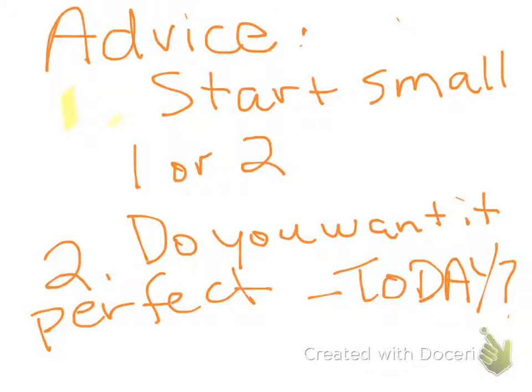You could redo videos multiple times to make them perfect, but then you would never get done the things you need to get done. So realize that it's okay that things are not always perfect. Just dive in and do the best that you can. So start small, choose one or two things that you want to create or implement, and then recognize that it does not have to be perfect.